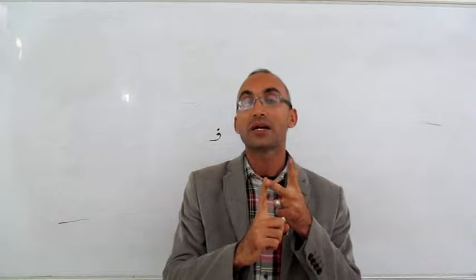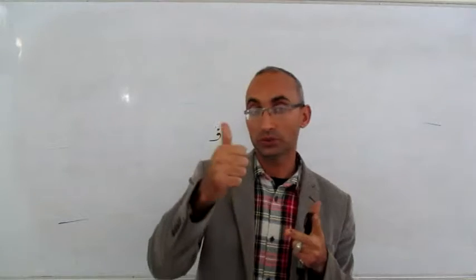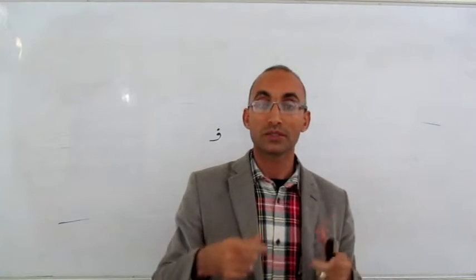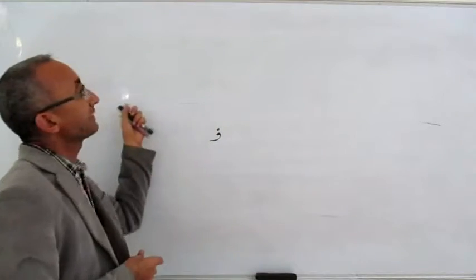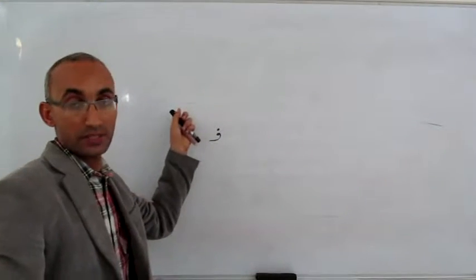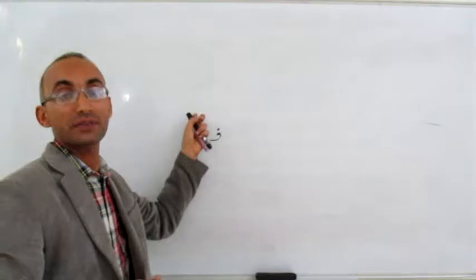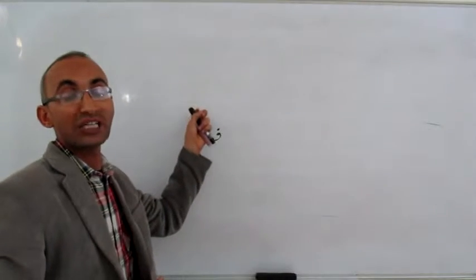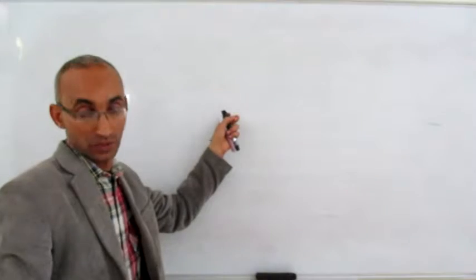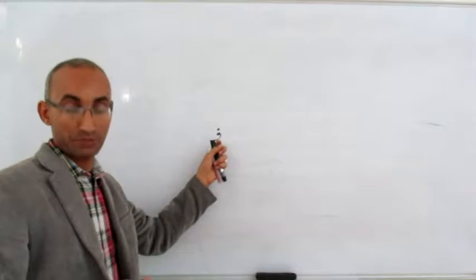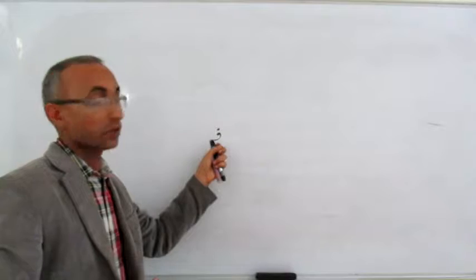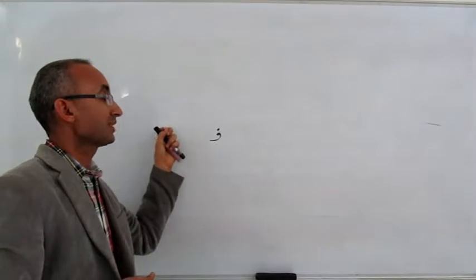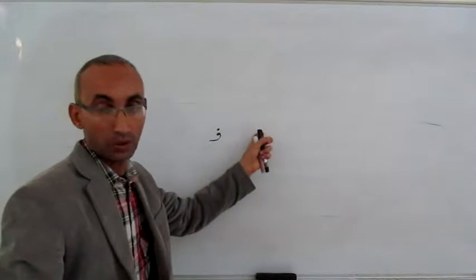So the first use of this mark is when it is used to join two independent clauses instead of the conjunctions of coordination. So this mark comes to replace the conjunctions of coordination when joining two independent clauses.